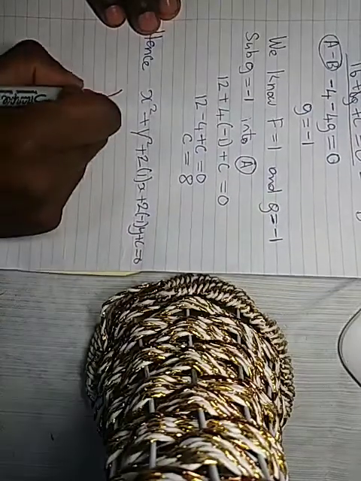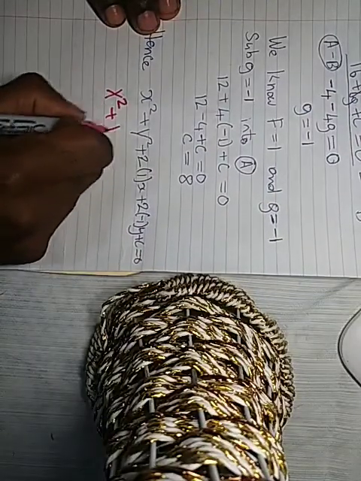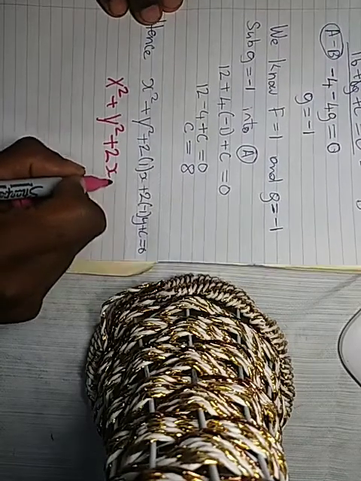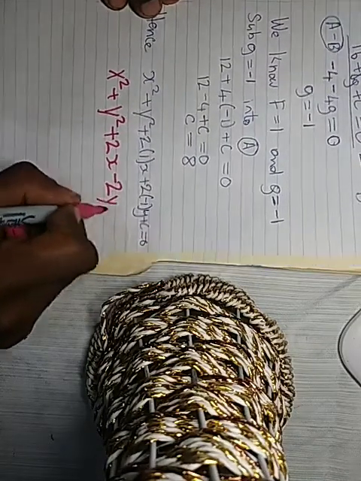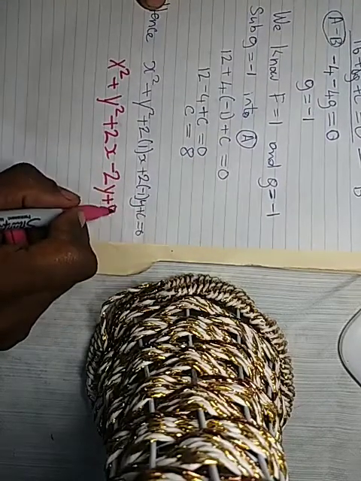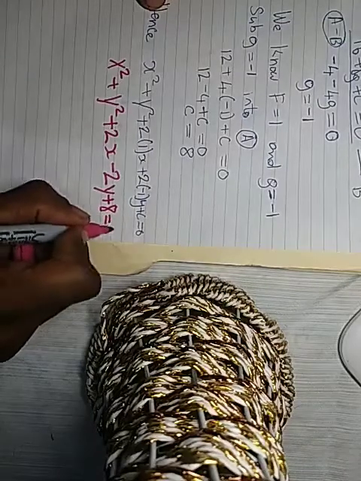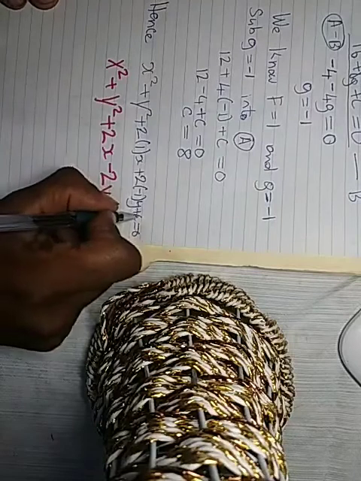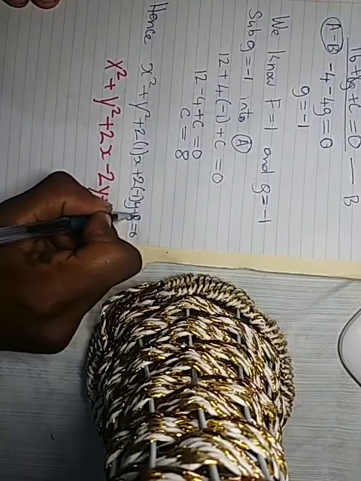Therefore, our final answer will be x squared plus y squared plus 2x minus 2y plus 8, since c is equal to 8, is equal to 0.